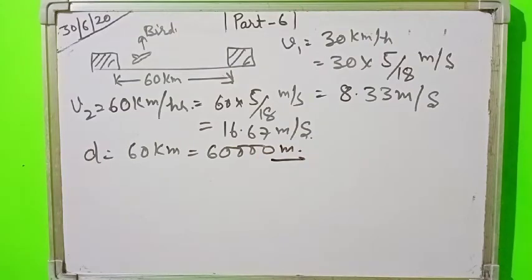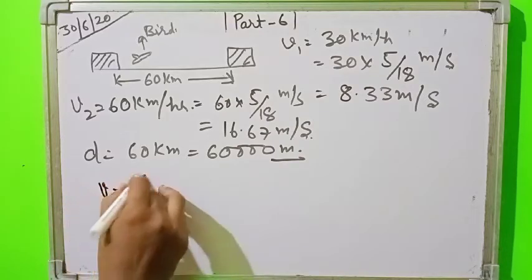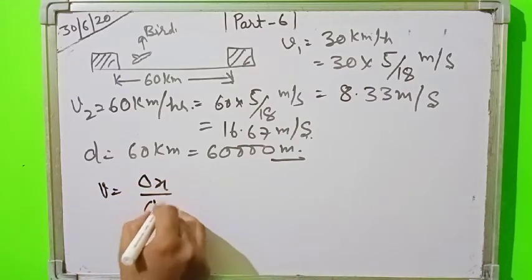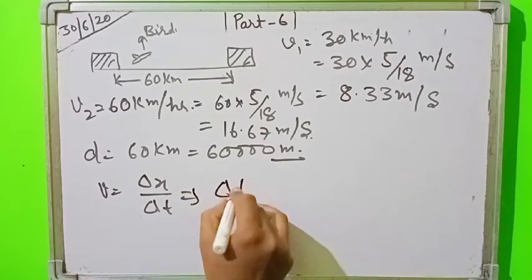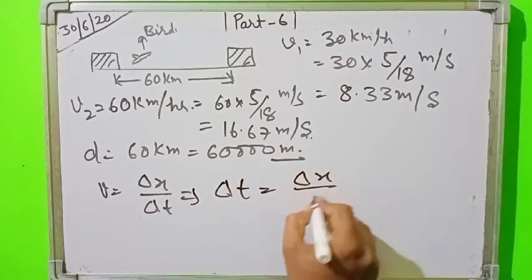All the quantities we have converted into meter and meter per second. So first of all we want to calculate the time. What is the time? Velocity is equal to delta x upon delta t. So delta t is equal to delta x upon v.